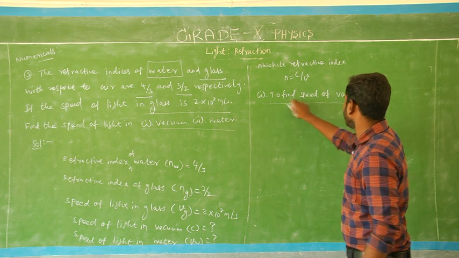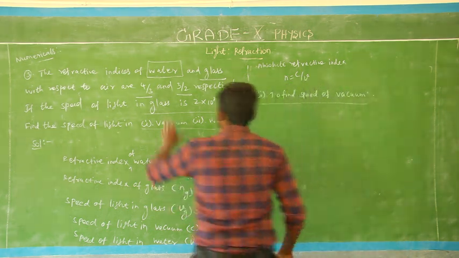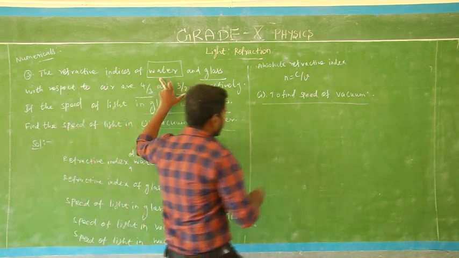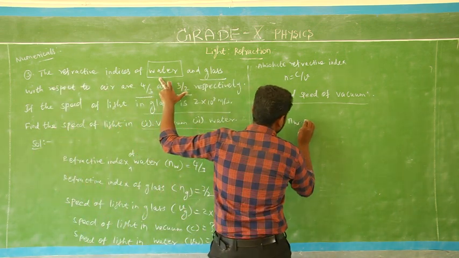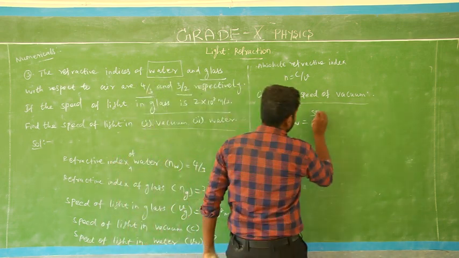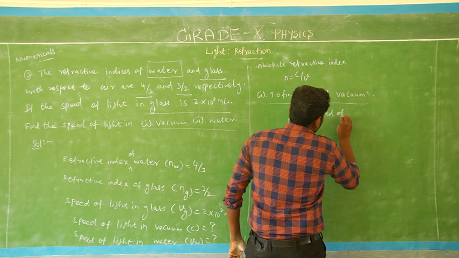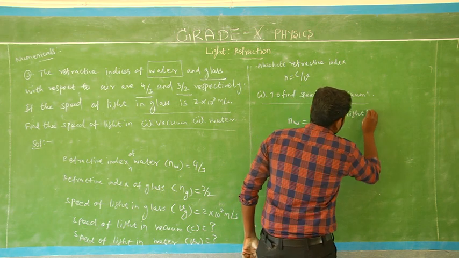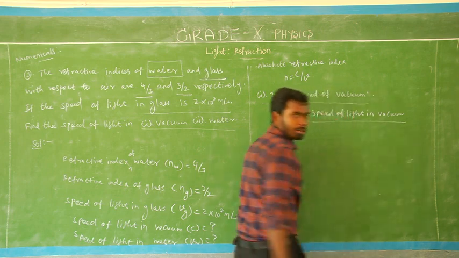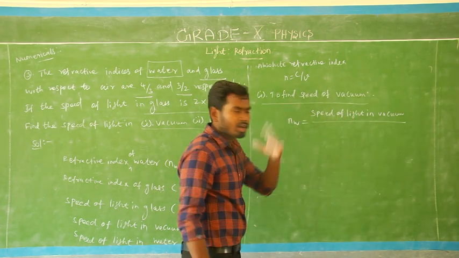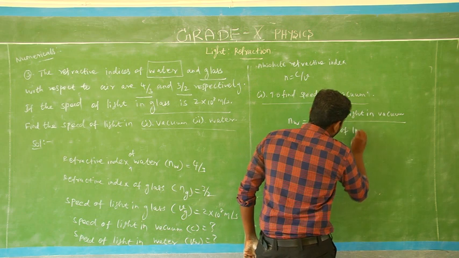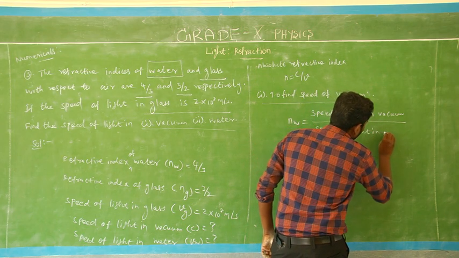So here take the first medium, water medium. The refractive index of water is equal to the speed of light in vacuum, because light goes from vacuum to the other medium, water, divided by the speed of light in water.